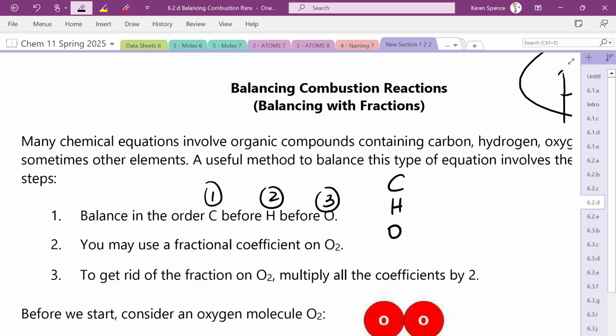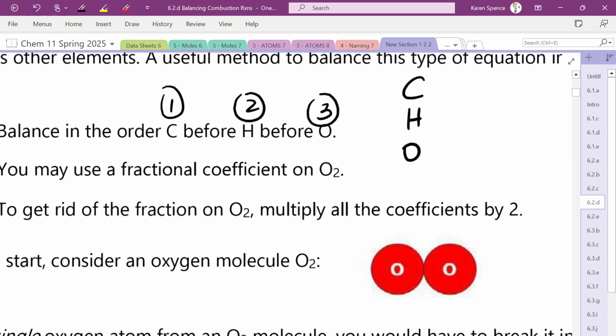But for now, we're going to use a fractional coefficient on the O2. And by fractional coefficient, I don't just mean any old fractions.